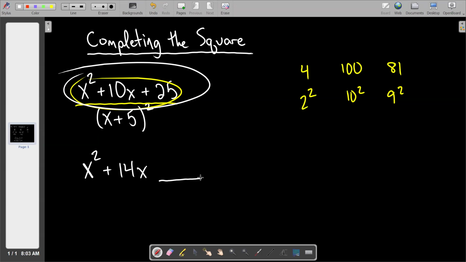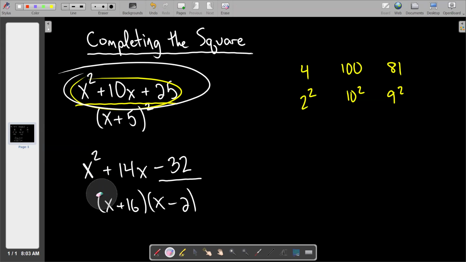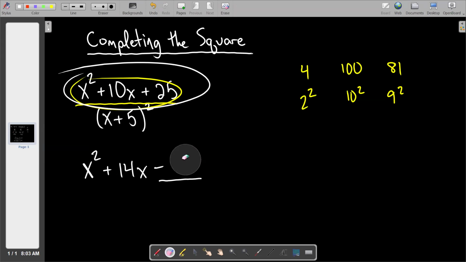In other words, there's lots of numbers that I could put in here, and don't write this down. If I put -32 here, I could factor this into x plus 16 times x minus 2, right? Whoop-de-doo. But what I want is to put a number in the blank so that when I factor it, it factors into something squared.